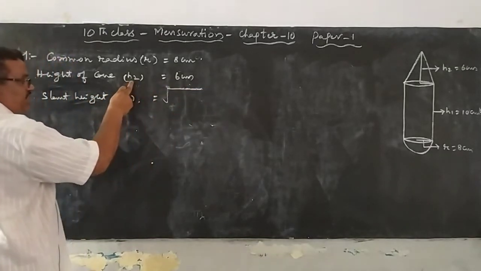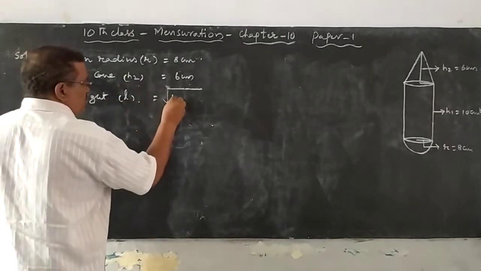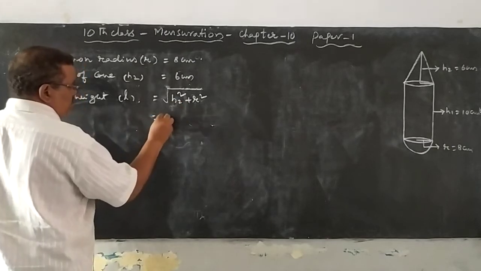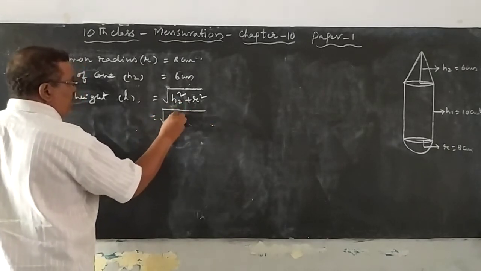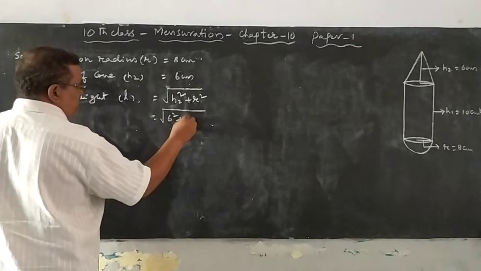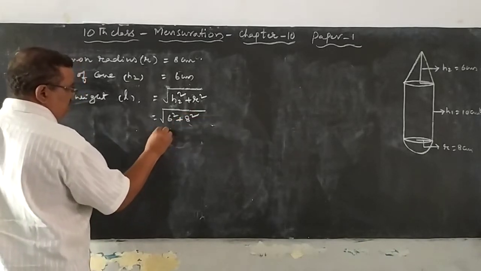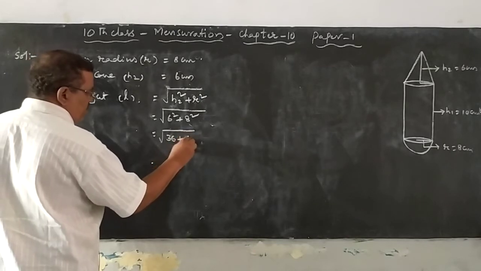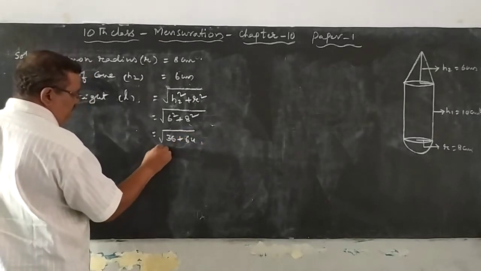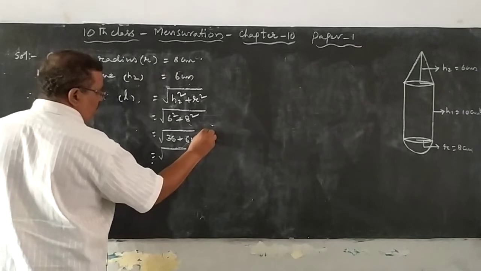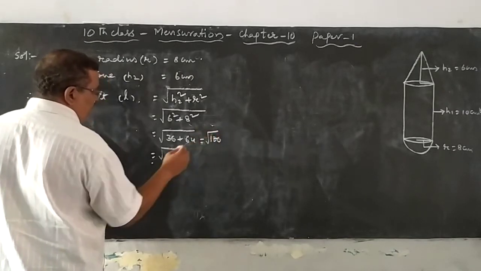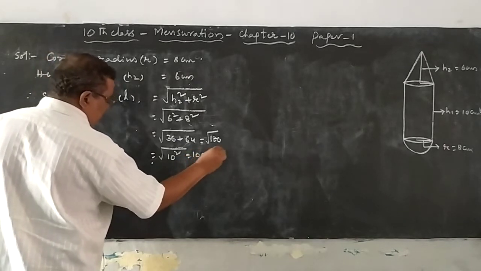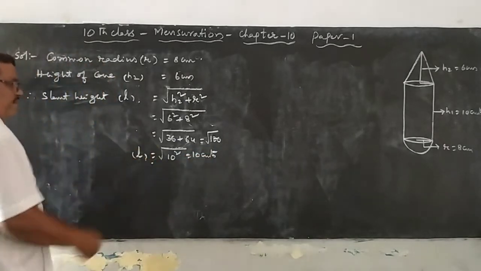But in place of H we write H2, so the square root of 6 squared plus 8 squared. 6 sixes are 36 plus 8 squared is 64. Finally, the value is root 100. The square root of 100 is 10 centimeters. This is the slant height of the cone.